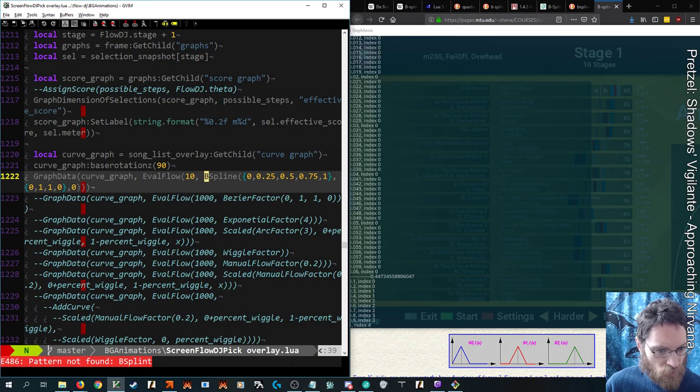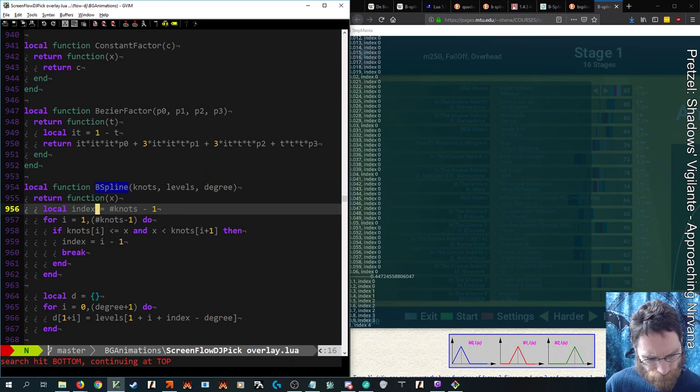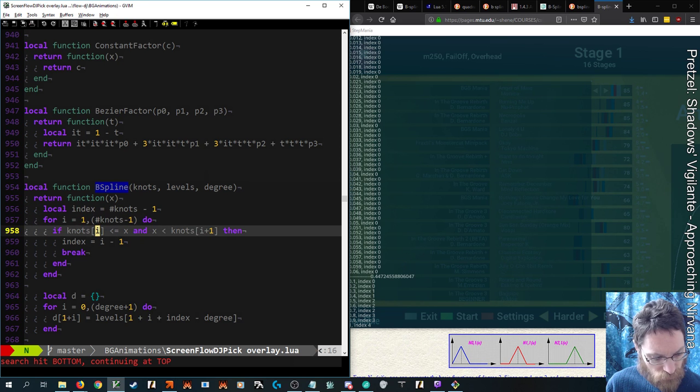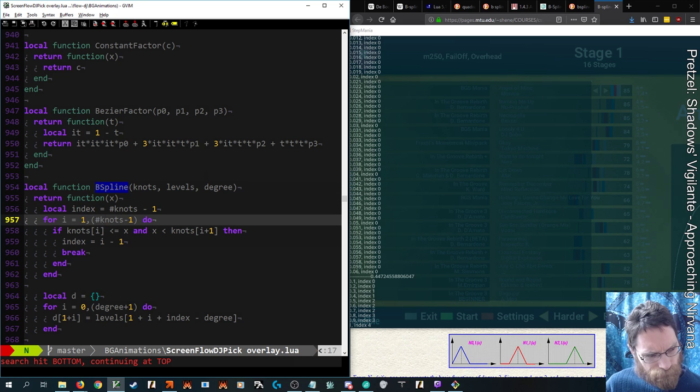And that there is no index for... There is an index for... No, we should have 0, 1, 2, 3 if it's 5. So at 1, less than or equal to that, and less than knots, there is no knots plus 1. This is my failover case.